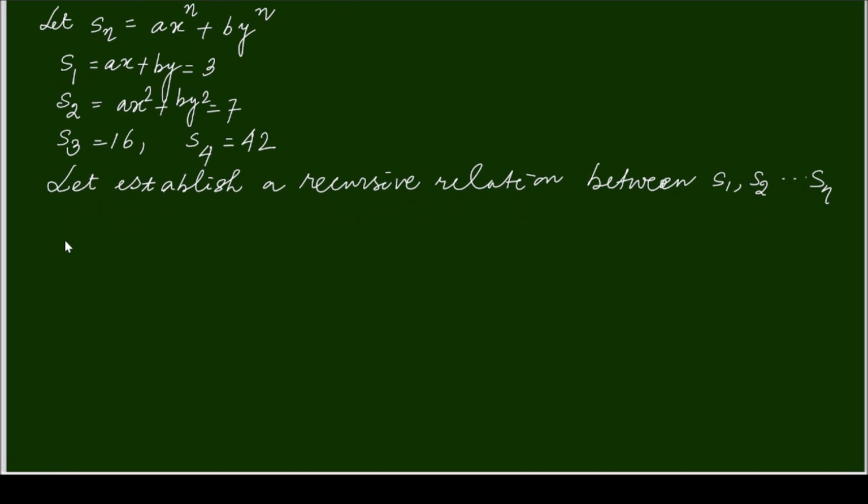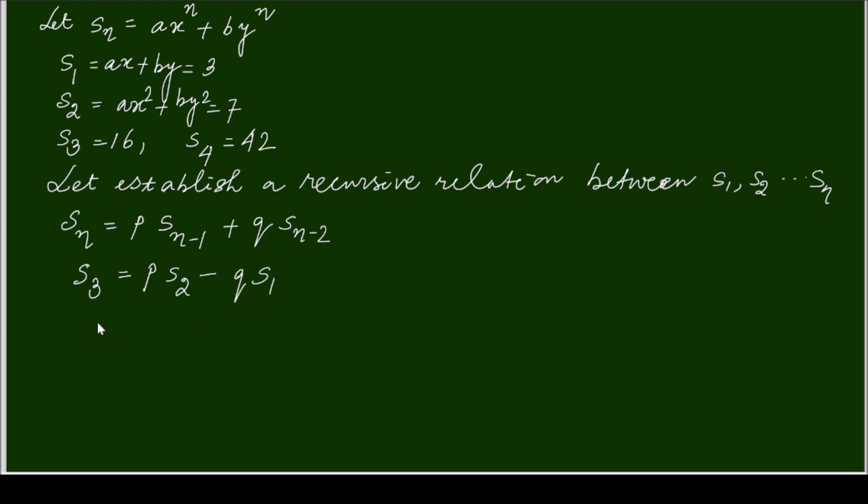It is Sn equals p times Sn minus 1 plus q times Sn minus 2. Then linking with S1, S2, S3, I'll get S3 equals P into S2 minus QS1.